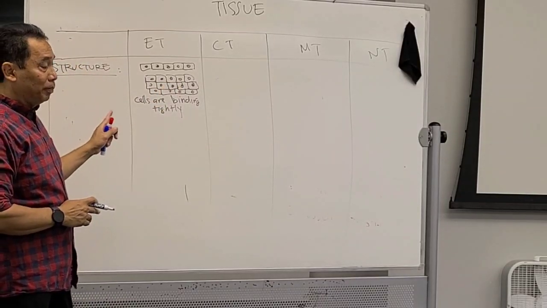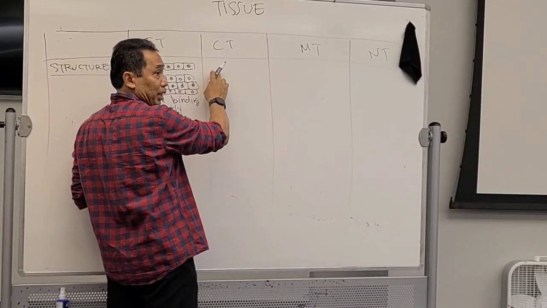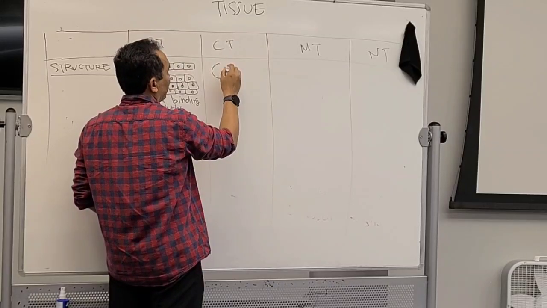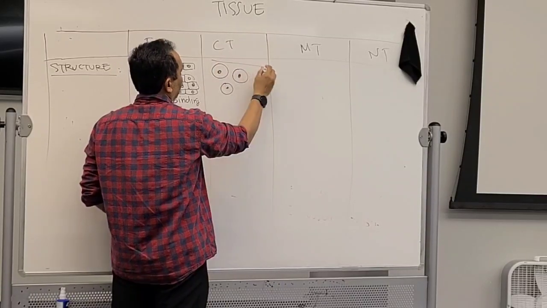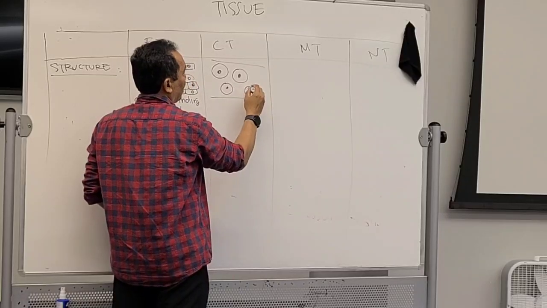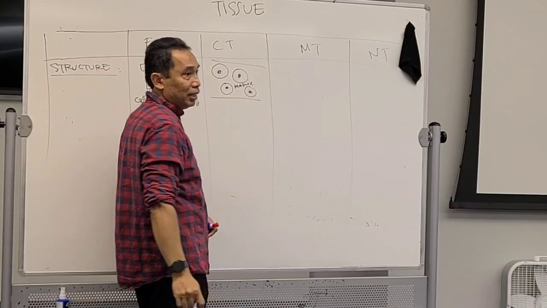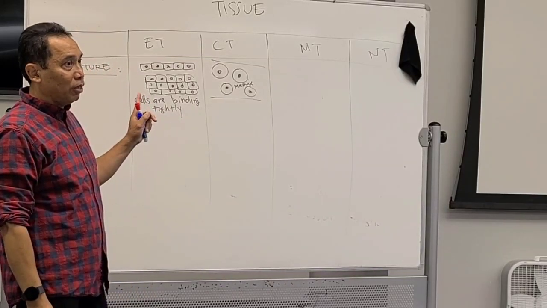You get this one? Now, for the connective tissue, the cells will be separated. So this is one cell, this is another cell, with matrix between them. There is a space that will be filled with a substance called matrix.